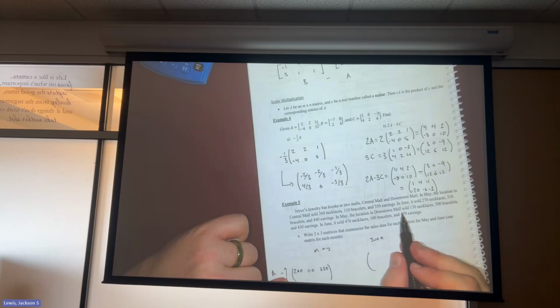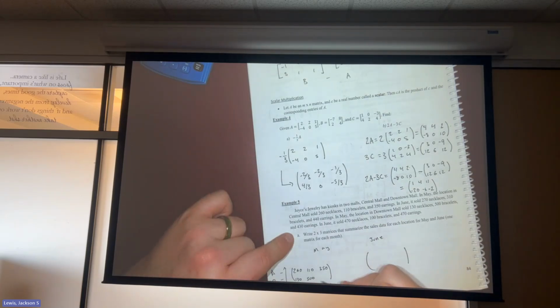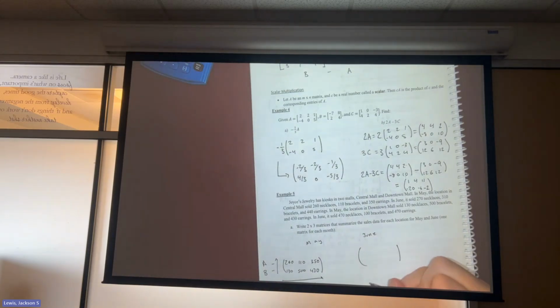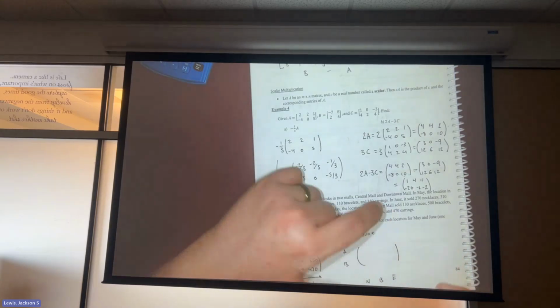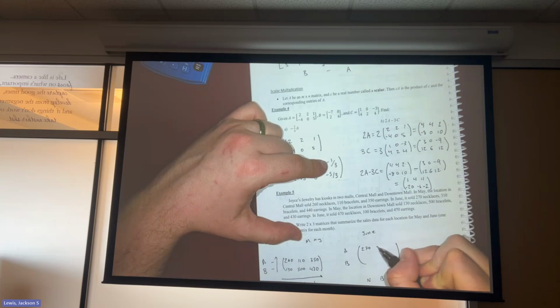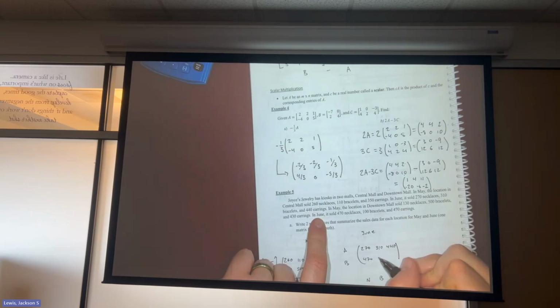And in May, the second location did 130 necklaces, 500 bracelets, 430 earrings. Then the same thing for June, with necklaces, bracelets, earrings, location A, location B. In June, A sold 270, 310, 440. And then the second location is 470, 100, and 470.